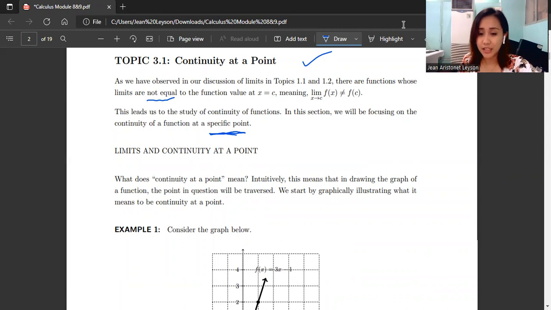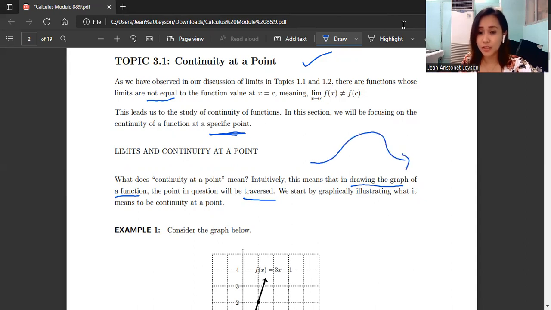This means that in drawing the graph, if you're given the graph of a function, the point in question will be traversed. Traversed meaning the graph will be continuous. There will be no breaks, no gaps, no jumps. So if it's a line, it's continuous.